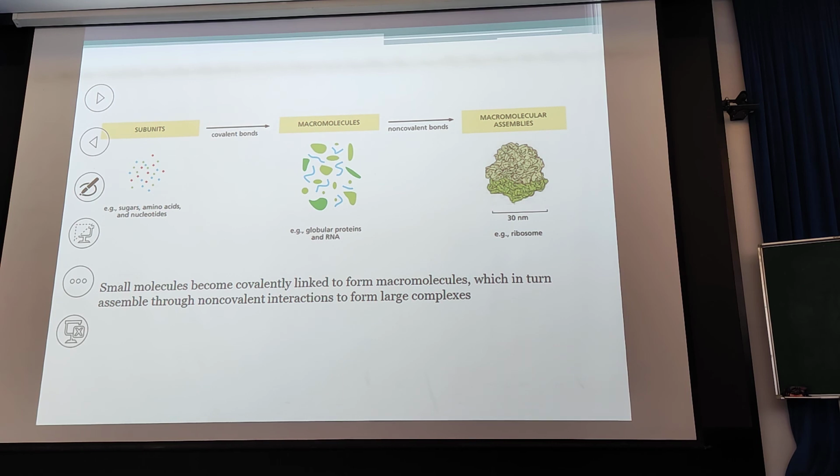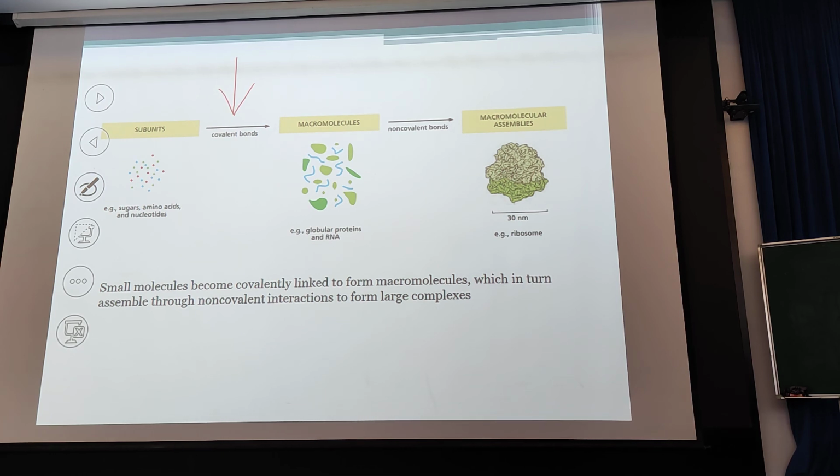Nucleotides are the basic units of nucleic acids. And by covalent bonds, in the first step, they need to bind together. By which reaction, remember? Condensation reaction, covalent bonds. They can make the macromolecule.